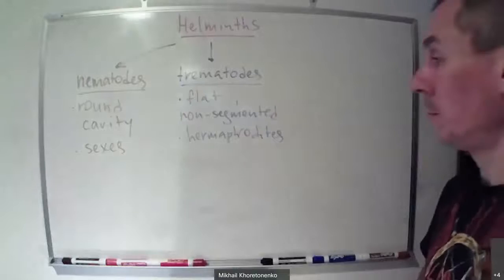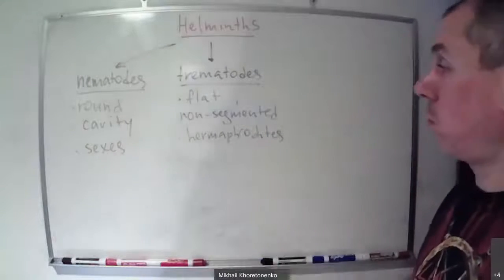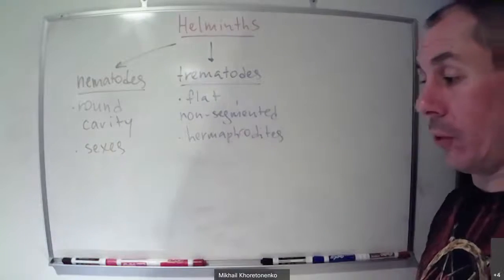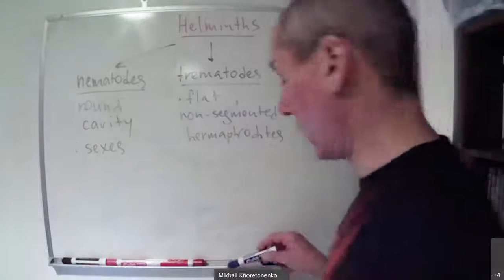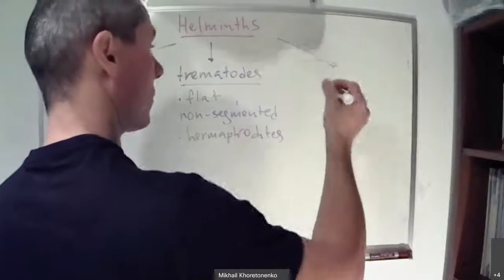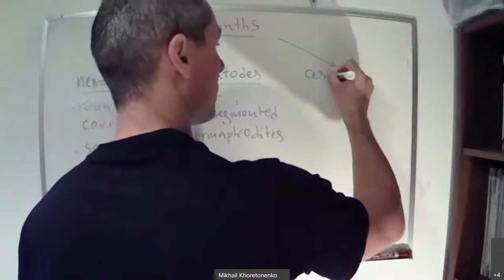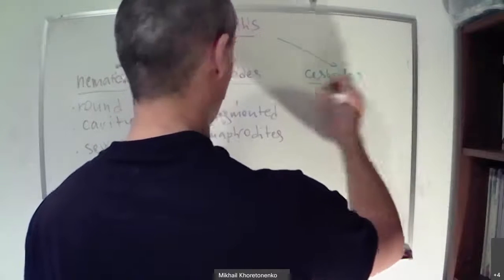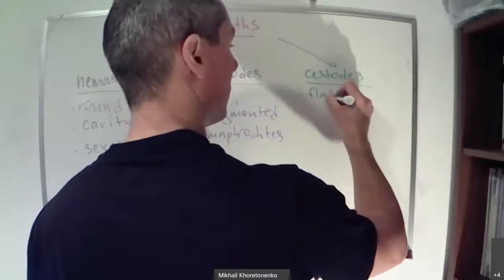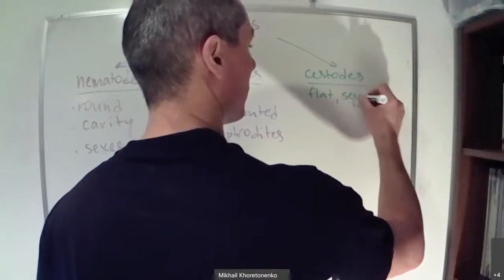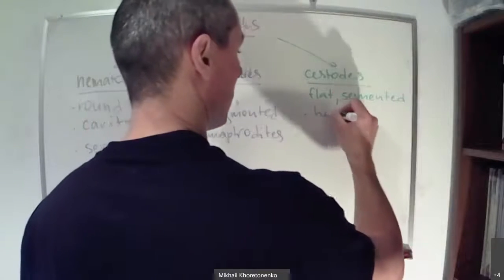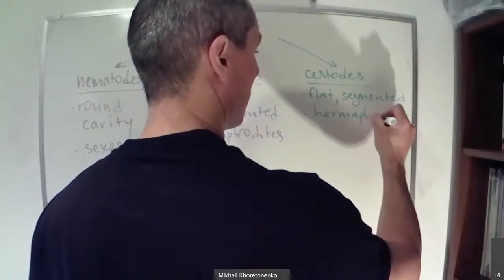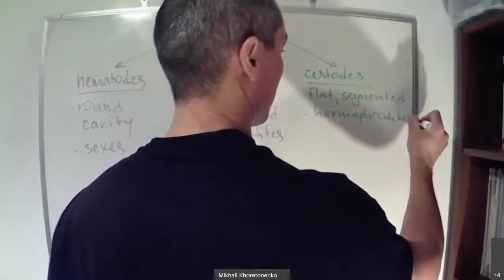Now, to make it clear, there is one little exception in this group, but for our intents and purposes, trematodes are hermaphrodites. And finally, the third group is cestodes, which are flat, segmented worms, also hermaphrodites.